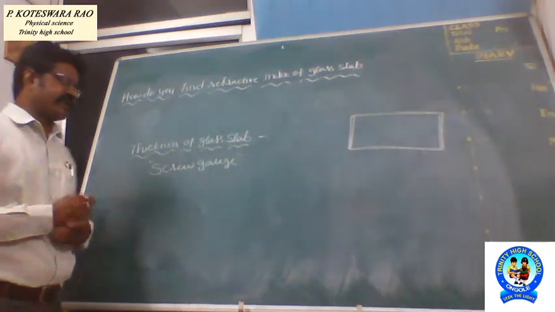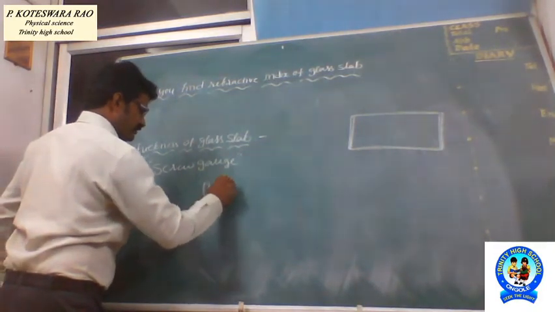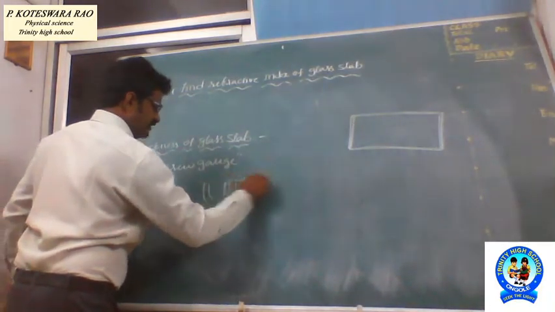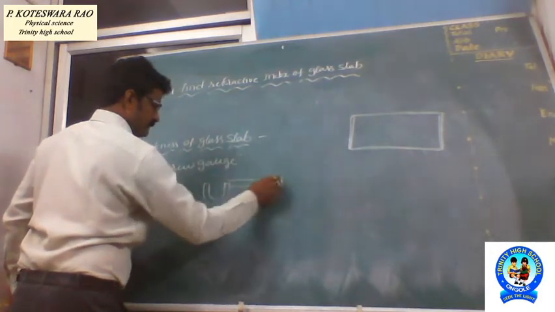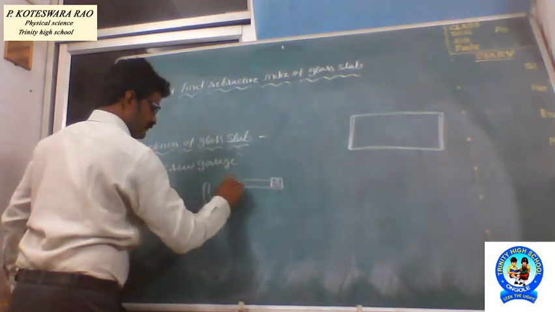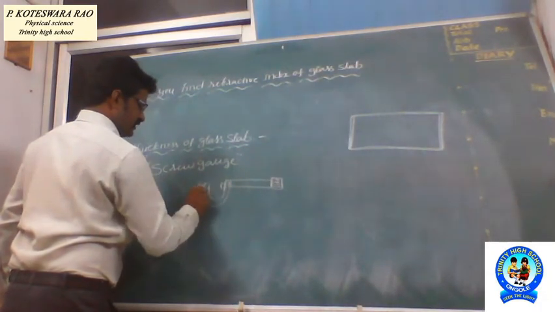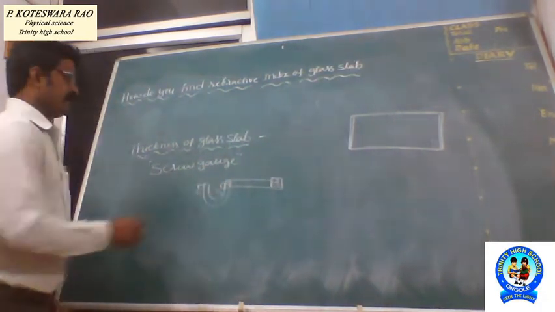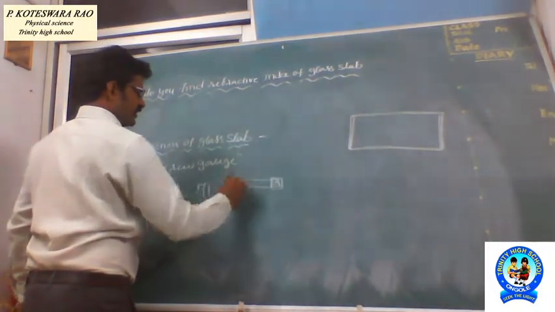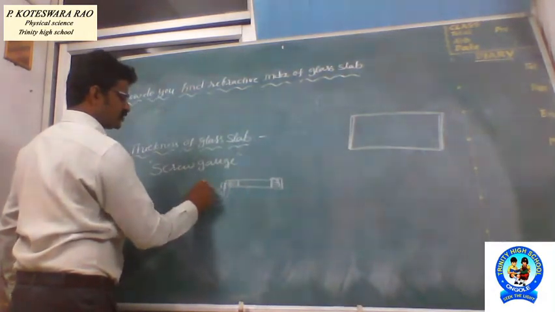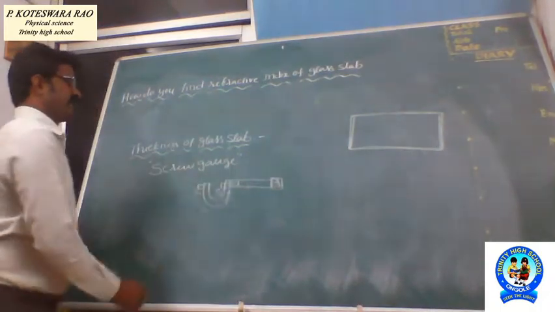Do you know about the screw gauge? It consists of a U-shaped frame and also one bar. Here S1, S2 are shafts. Here there is also one scale. If you rotate this, automatically the shafts S1 and S2 come into contact here. So this is called a screw gauge.